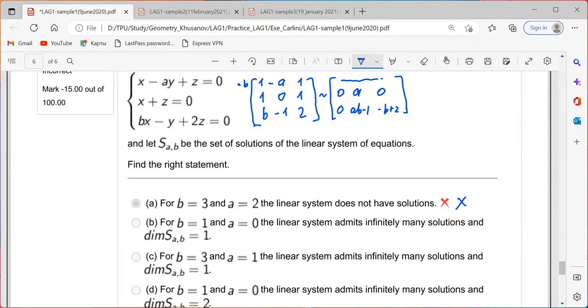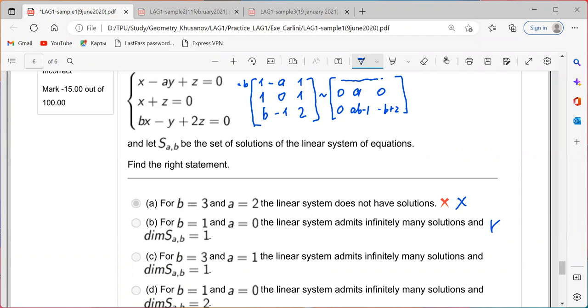Oh, yes, B will be the correct answer, because now you see only two rows are linearly independent. That's why we have two leading elements and three unknowns.